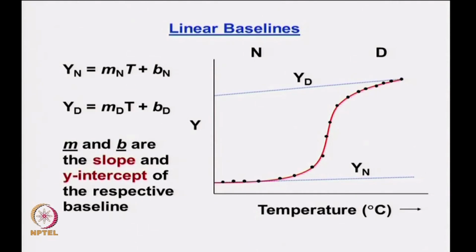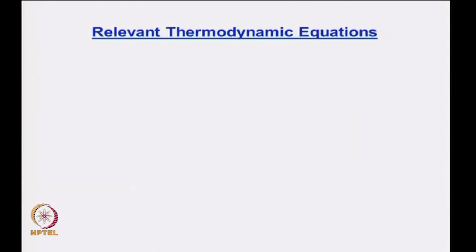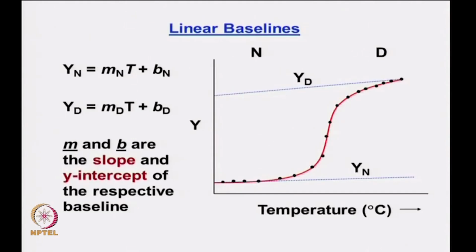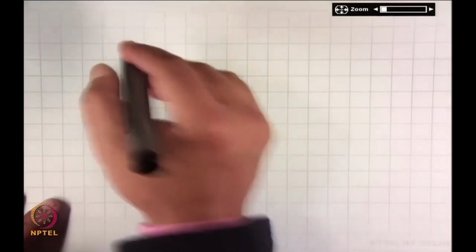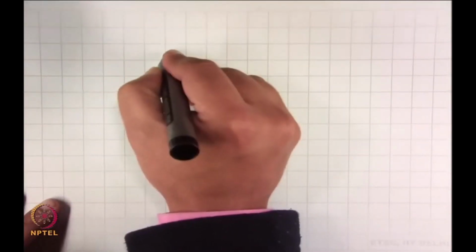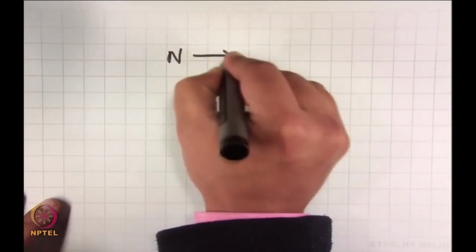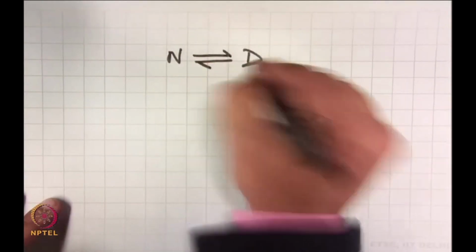Okay. So, before going to the relevant thermodynamic equations, keeping this in mind, let us look at some basic equations. What we are looking at here is the protein going from the native state to the denatured state.